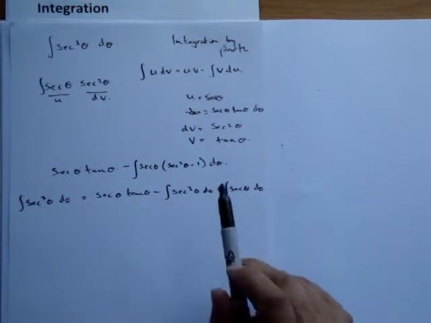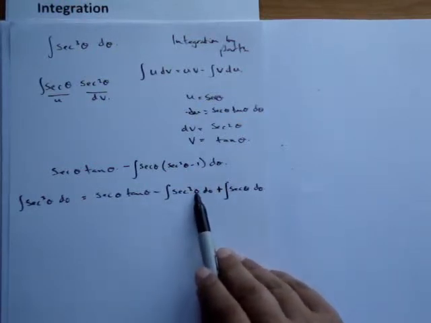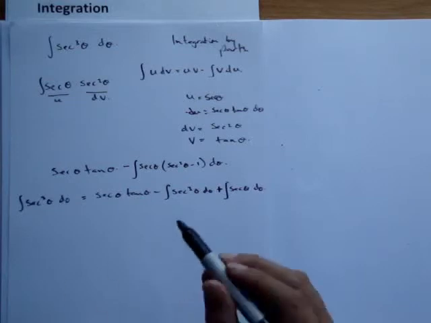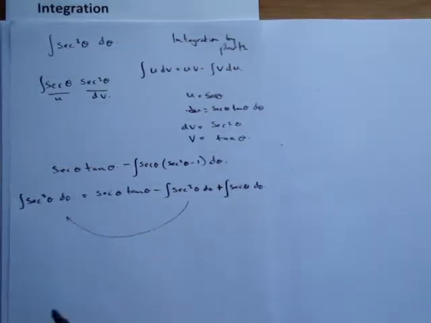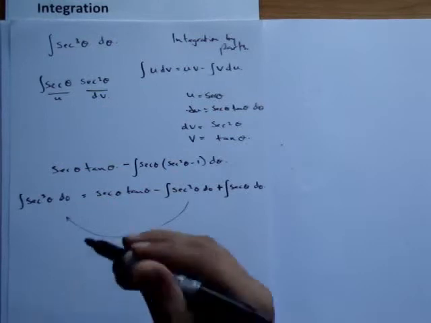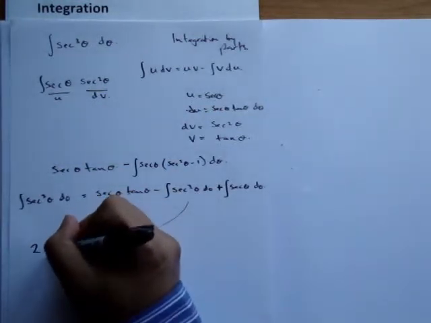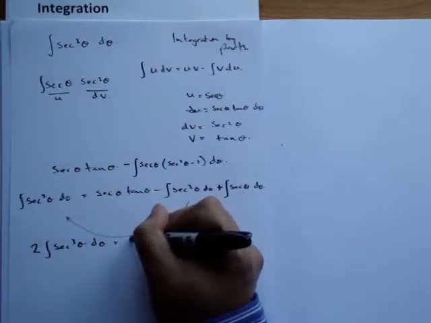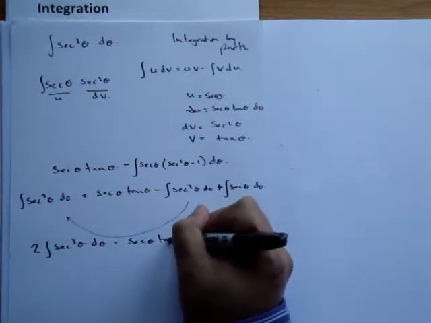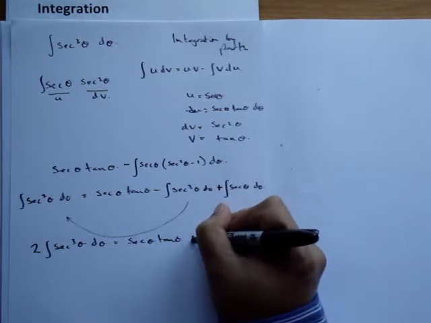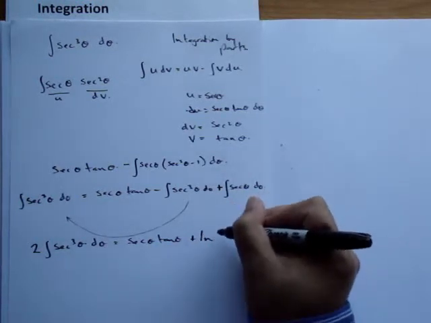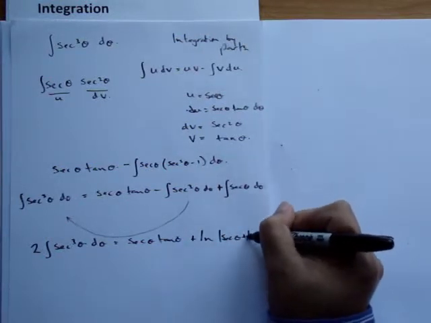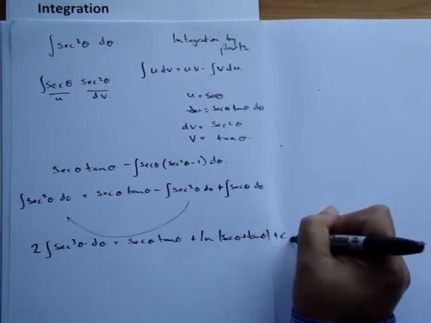Now we have secant to the power 3 theta here and secant to the power 3 theta, so it looks like we've gone in a circle, but what we do is we bring this to the other side, and the minus becomes a plus, so this becomes 2 times the integral of secant cube theta d theta equals sec theta tan theta plus, when we integrate secant theta we get the natural log of secant theta plus tan theta plus c.